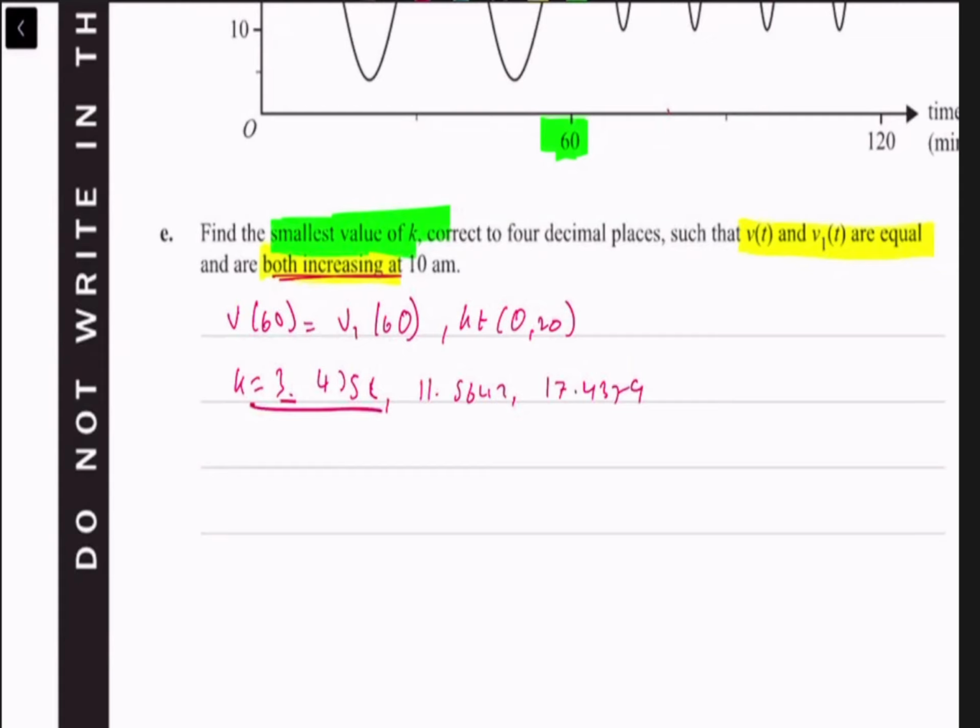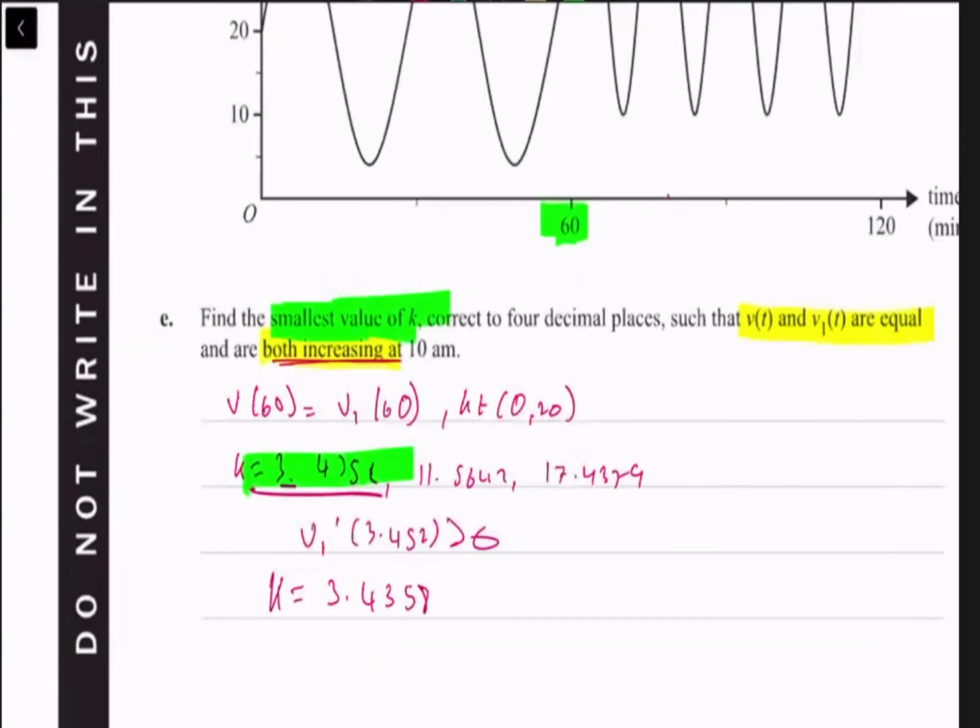So you would start from here and make sure you check that once you put it into v1 dash at 60, so sub 60 and then sub the k value, it's greater than 0. Coincidentally, the smallest one works for increasing, so the answer is the smallest one.